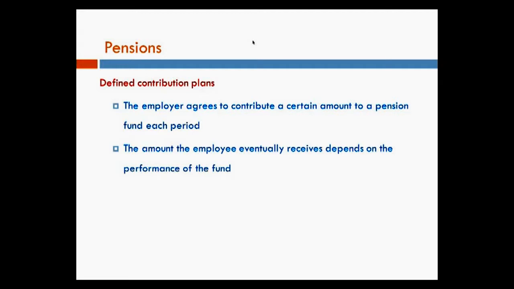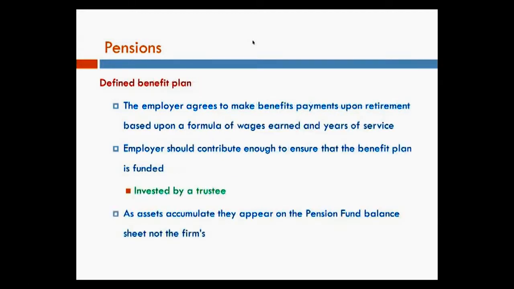More and more companies go to defined benefit plans. With defined contribution plans, the amount that the firm is contributing is known. Defined benefit plans, they can contribute anything they want. At the end, you're expecting to get a certain benefit, and you hope that there's money in the plan to give you that benefit.